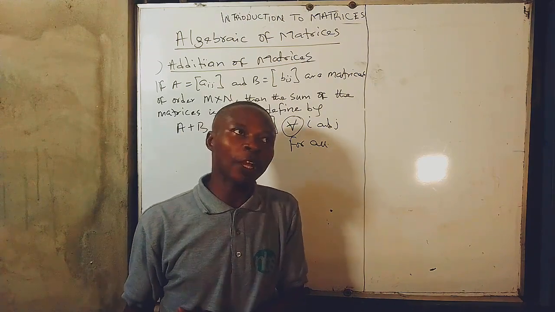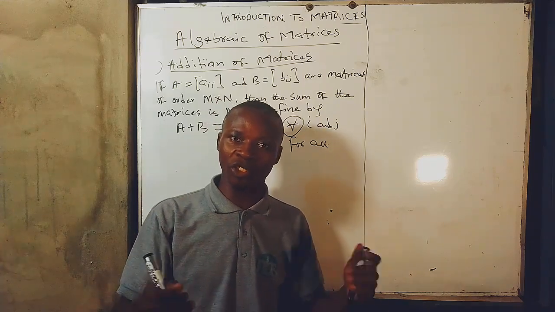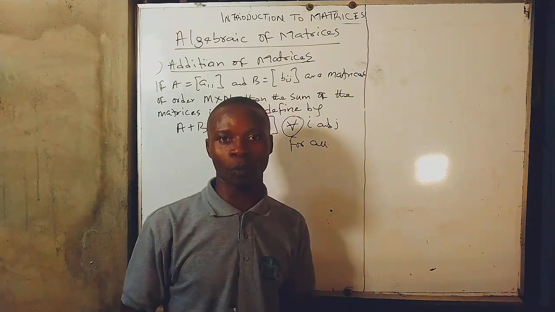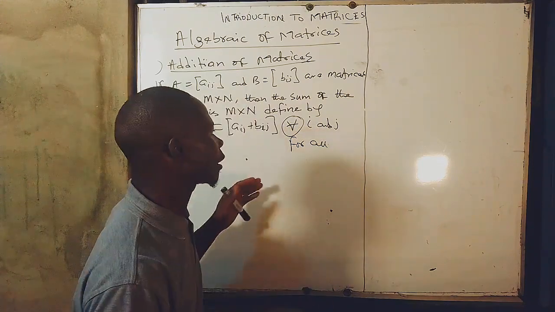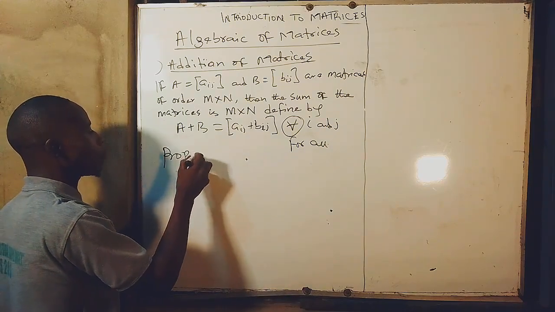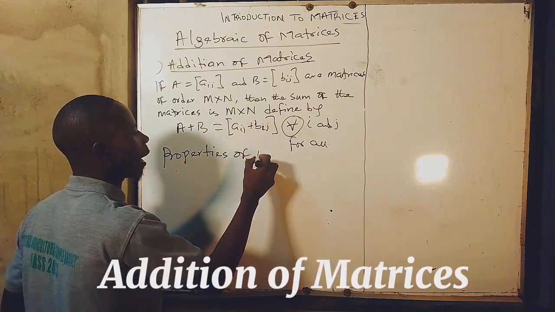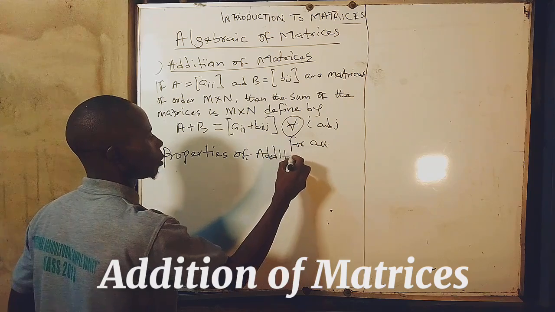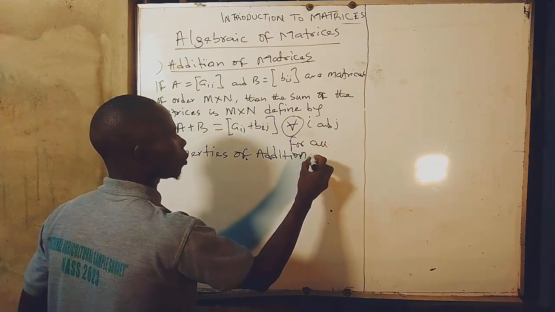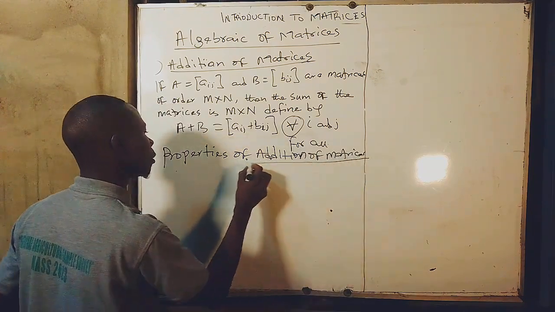Do these work in addition or subtraction? These properties are like commutativity, distributivity, and associativity. Now, in this aspect here, we have properties of addition of matrices.